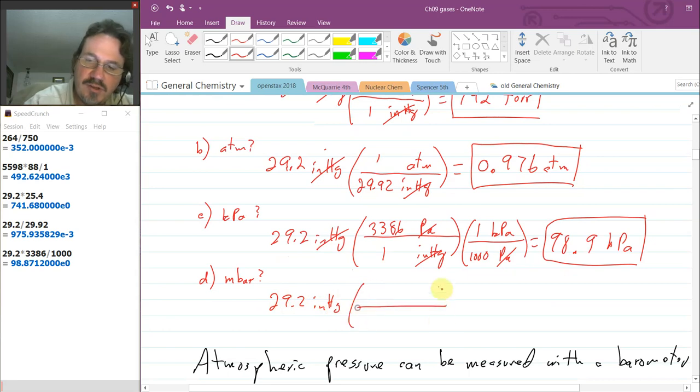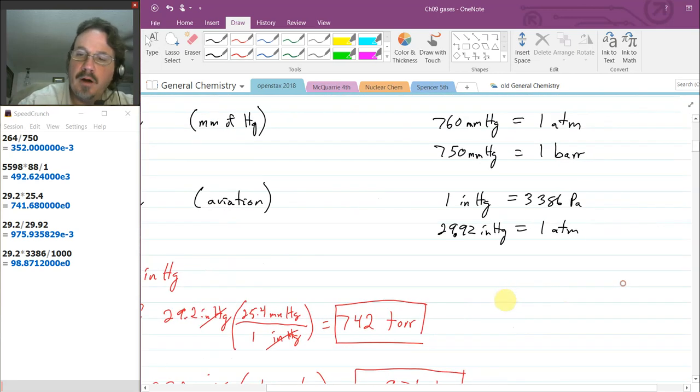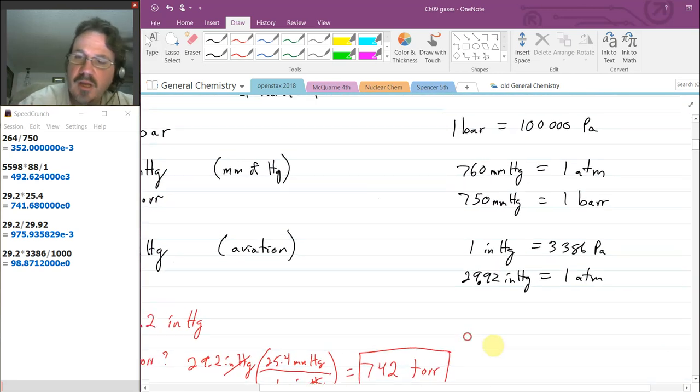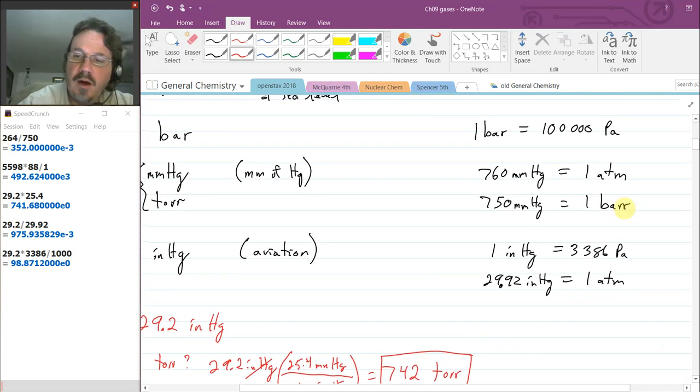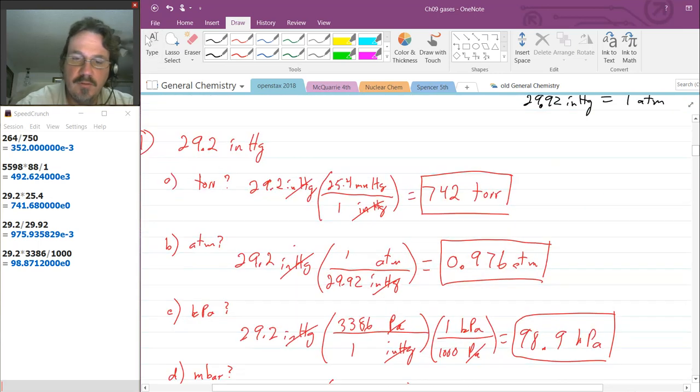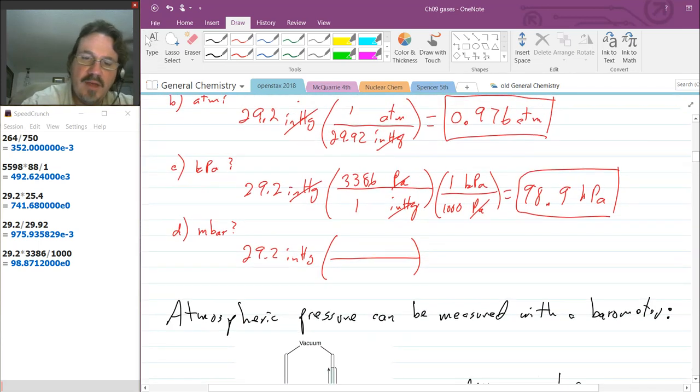And finally, millibars. Again, just need that conversion factor. 29.2 inches. What do I know about bars or millibars and inches? Well, let's say I know that 1 bar is 750 millimeters of mercury. So let's do that first. Let's go from inches of mercury to millimeters of mercury. Hey, we did that before. Remember, we said there's 25.4 millimeters in 1 inch.